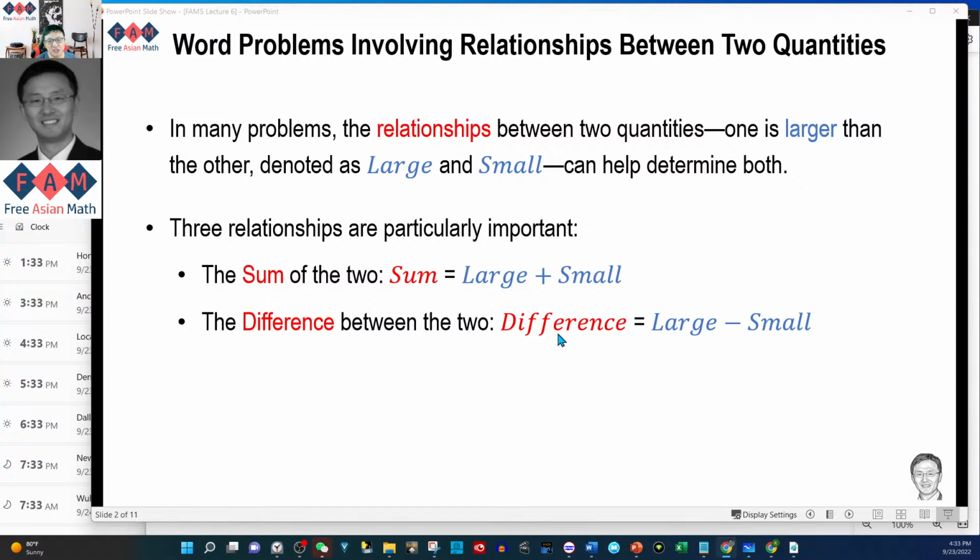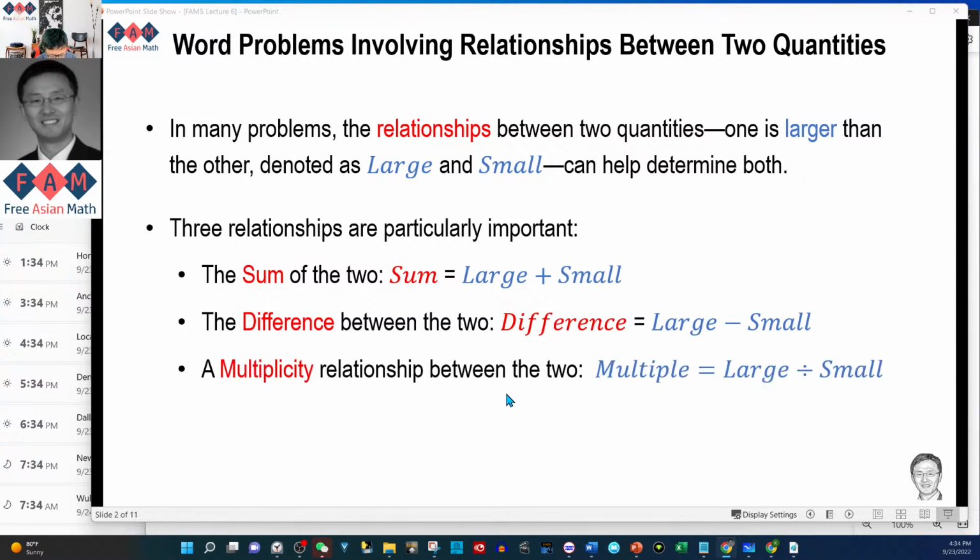And there's another relationship. And this only happens when the larger number is exactly an integer multiple of the smaller number. Let's just say if the larger one is 3 times the smaller number, or just twice, or maybe 5 times. So in this case, there's a multiplicity relationship between the two. And this multiple equals what we get if we divide the large number by the smaller number.